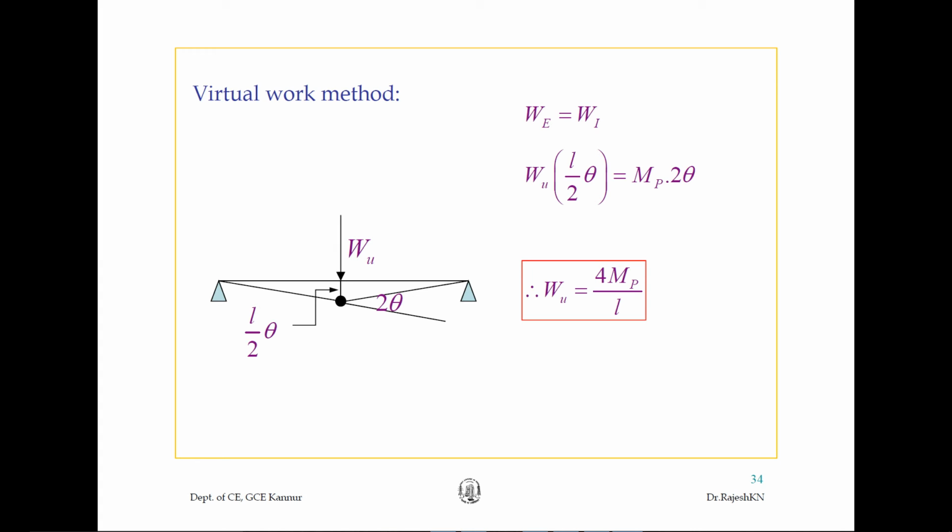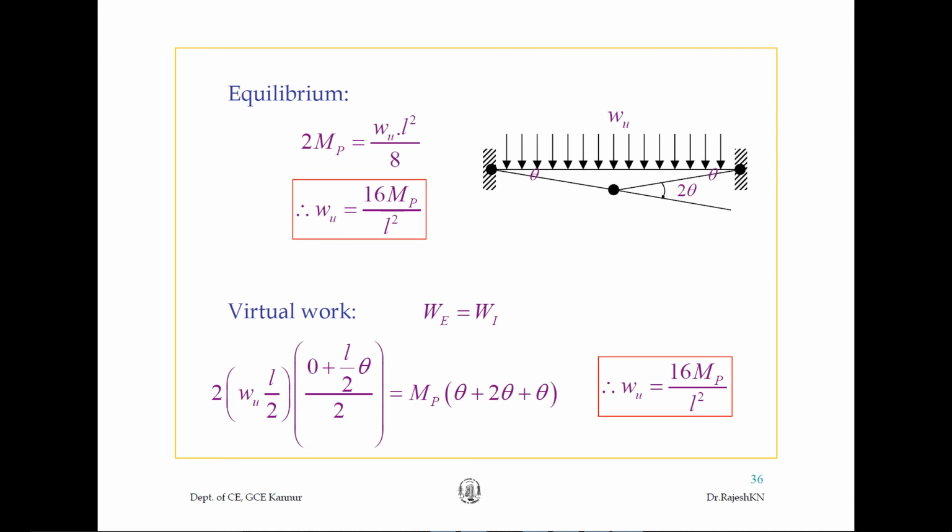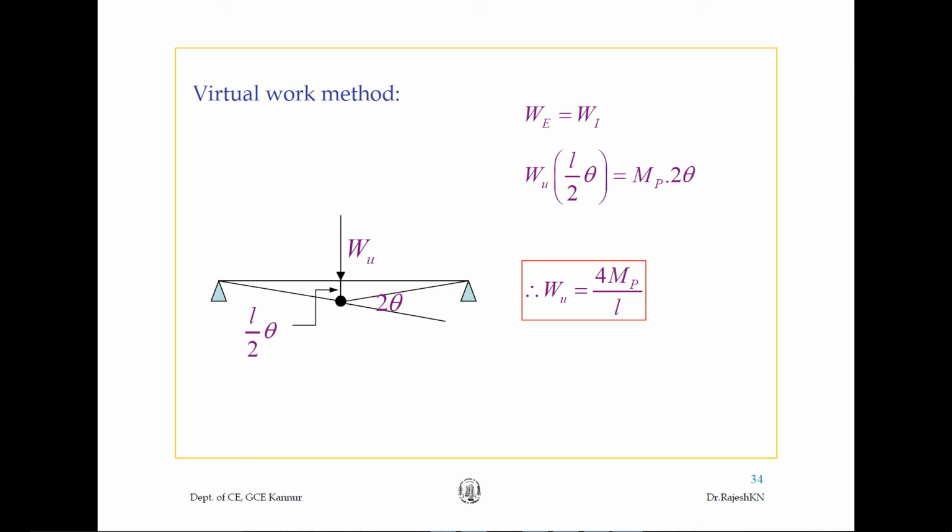If WU is acting at the center, then theta from one end and theta from the second end will meet at the center, and it will correspond to 2 theta. Similarly, the internal work done and the external work done.